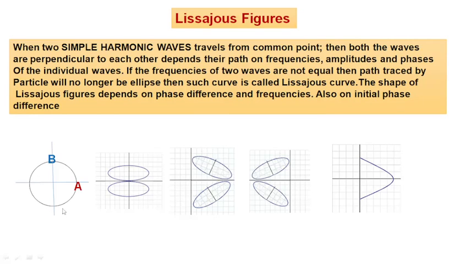These are the different Lissajous figures you are observing in this diagram. So they depend on amplitude, phase difference, initial phase difference, frequencies, etc. So this is about Lissajous figures.